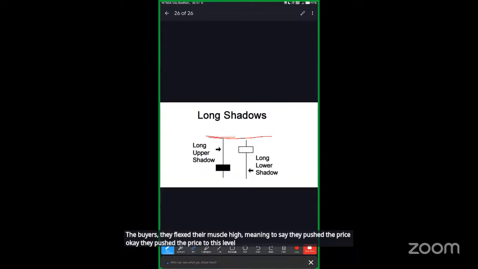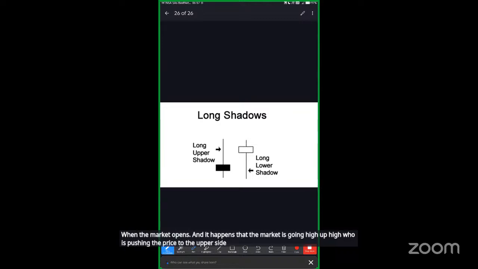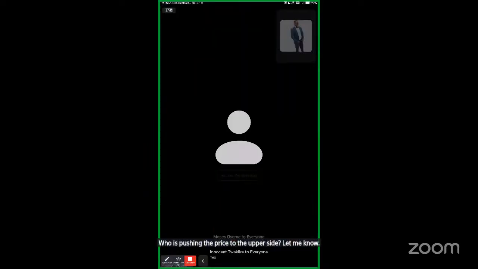Who pushes the price to the upper side? When the market opens and it happens that the market is going high up, who is pushing the price to the upper side? Between buyers and sellers, who is pushing the price up? Let me know.